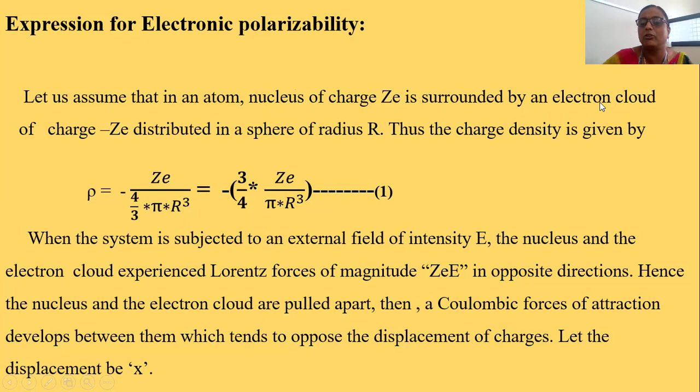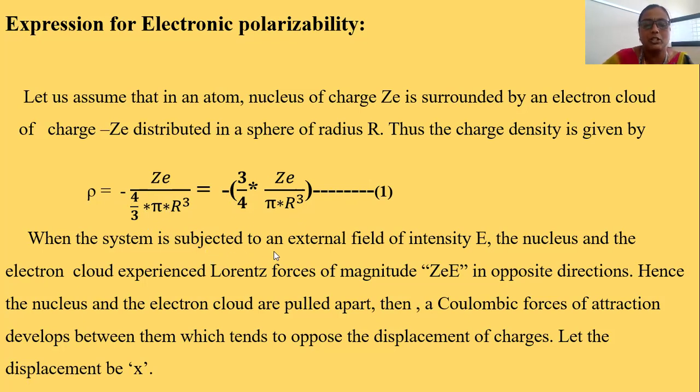You know what the electron cloud is: a group of electrons forming a sphere, which is known as the electron cloud, of charge minus Ze and distributed in a sphere of radius R. Thus, the charge density is given by rho equal to minus Ze by 4/3 pi R cube, that is minus 3 Ze by 4 pi R cube.